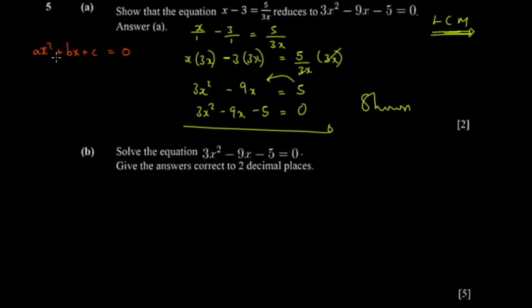There's a general formula that you use to compute the actual value of x directly. The formula is x equal to -b plus or minus square root of b squared minus 4ac, all divided by 2a.